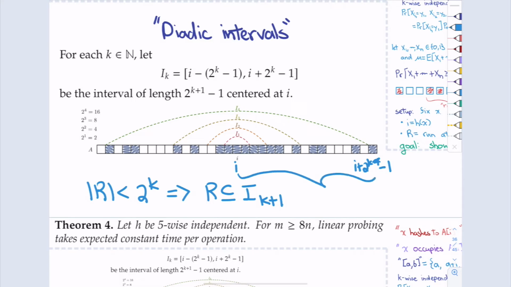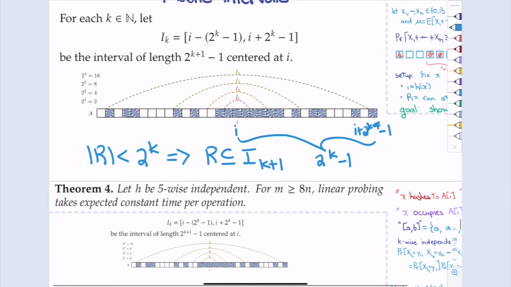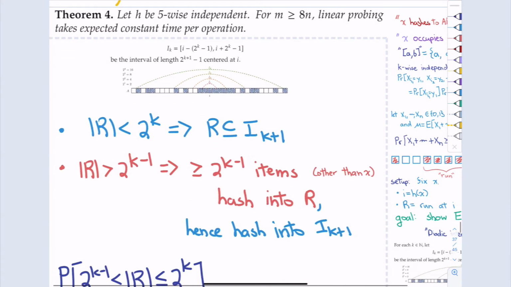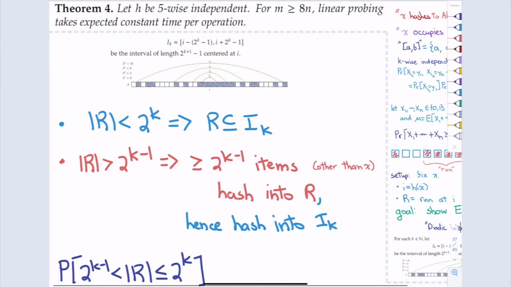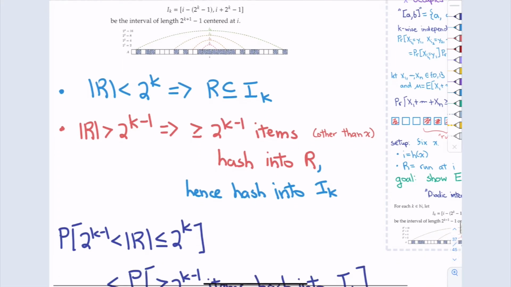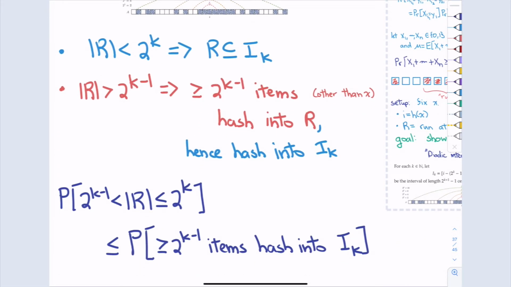And inside here, if I get my fence post correctly, you should be able to fit 2 to the k minus 1. The reason I sub k is okay is because I very carefully wrote this as a strict inequality. So we do get a minus 1, and it'll fit in I sub k. I don't think this really matters, the constants would just change at the end, but I want to make it the same as the notes. So it actually fits into I sub k, not I sub k plus 1. Now I can write a little bit less. That's fine.